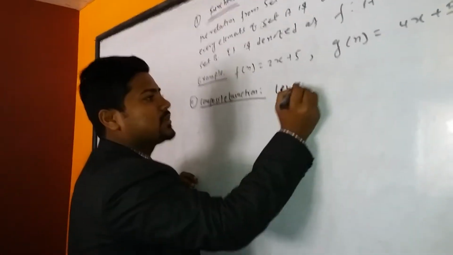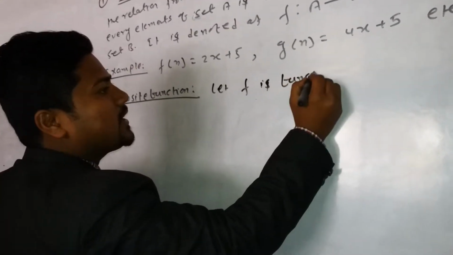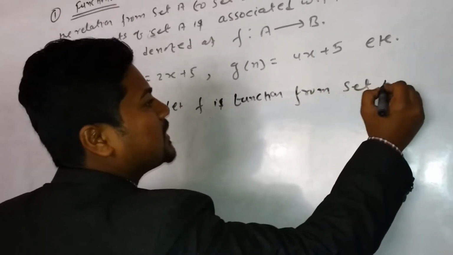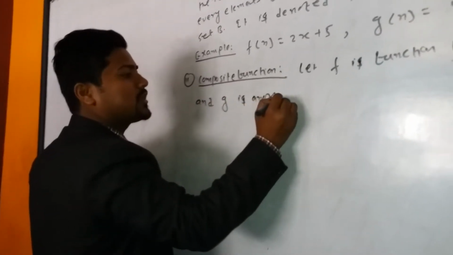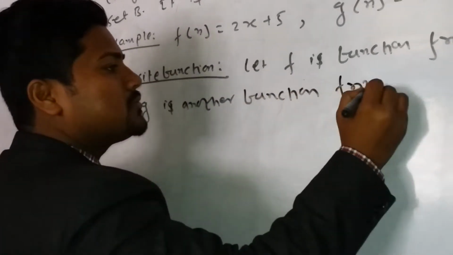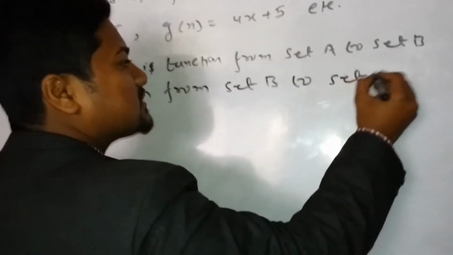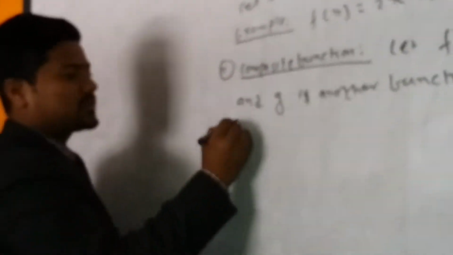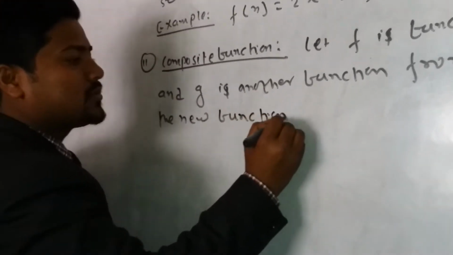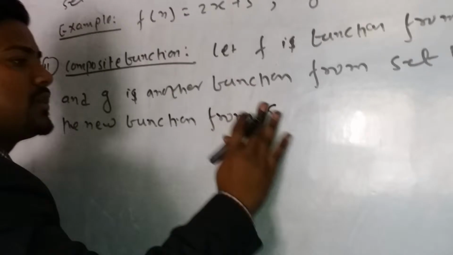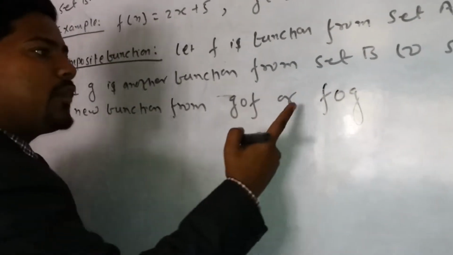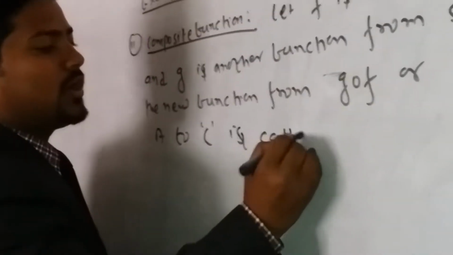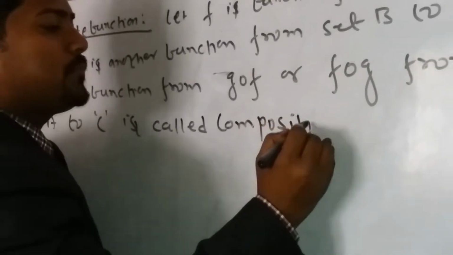In this way you can define: let f be a function from set A to set B, and g be another function from set B to set C. Then the new function, you can say gof or fog, from set A to C is called composite function.